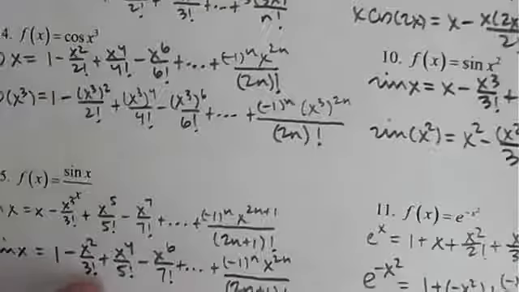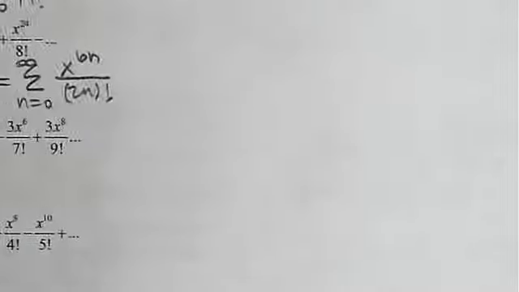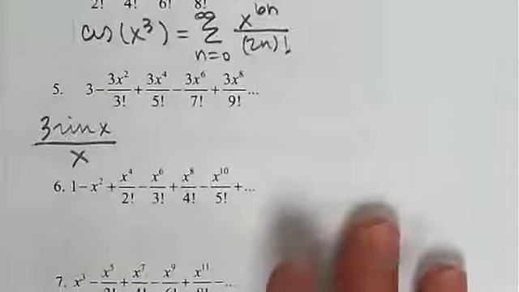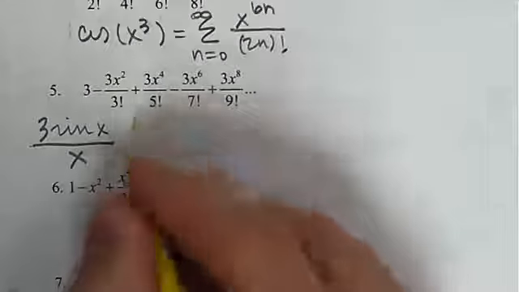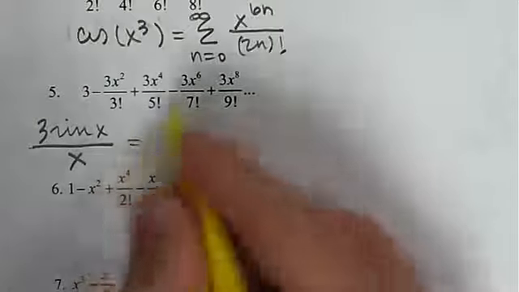X to the 2 over 3 factorial, x to the 4 over 5 factorial. Yeah, that's looking right. And then I'm going to write it in summation notation.